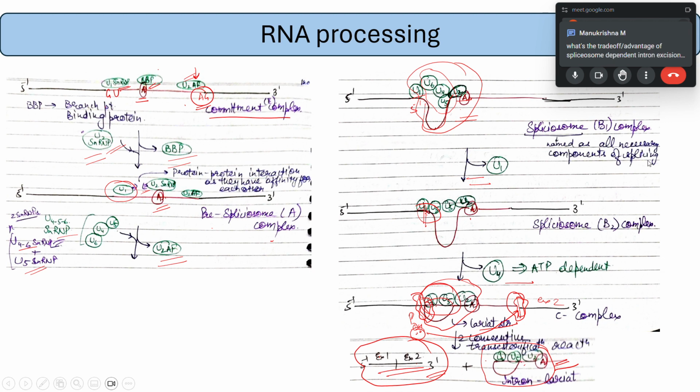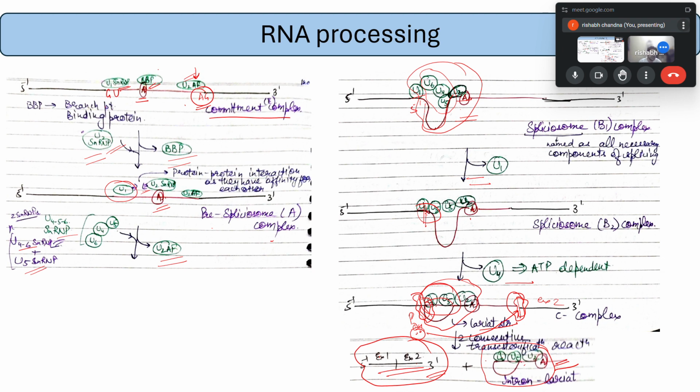So basically, the main advantage of this particular spliceosome complex is specificity. Because the self-splicing introns directly function as RNAs, they can degrade the different RNA present in the system. That is why, with the increase in complexity of the organisms, the levels of group 1 and group 2 introns also went down. So the specificity of splicing increased and the spliceosome complex formation increased.